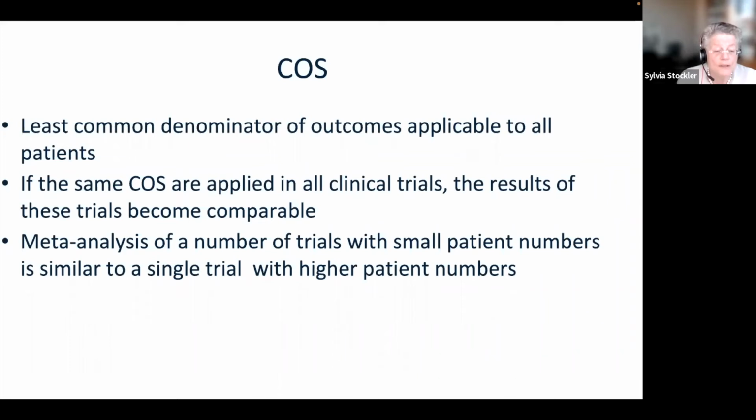Because if we can use these core outcome sets in all clinical trials that will be done in the future, for example, for children with creatine transporter deficiency, we can compare the results of all these trials. We can do something called meta-analysis of a number of trials, each of which only includes a small number of patients because it's a very rare disease.